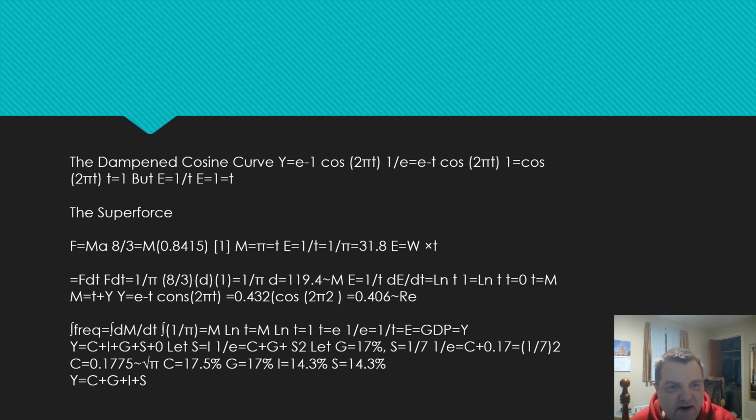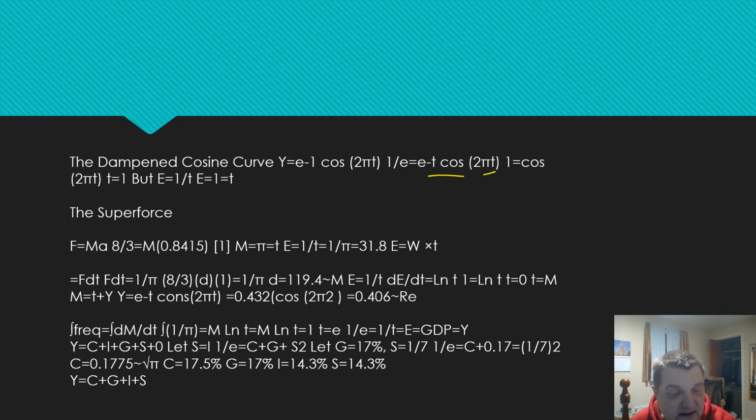The dampened cosine curve is given by the equation Y equals e to the minus t cosine of 2 pi t. Dividing by E, 1 is equal to cosine of 2 pi t.